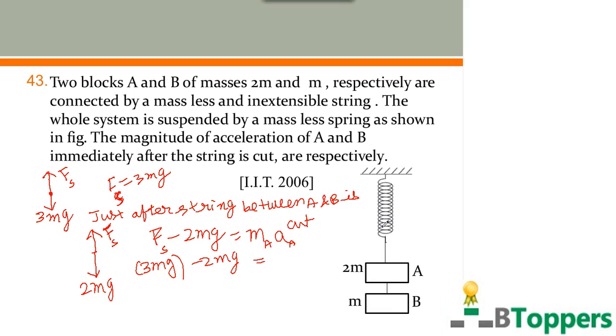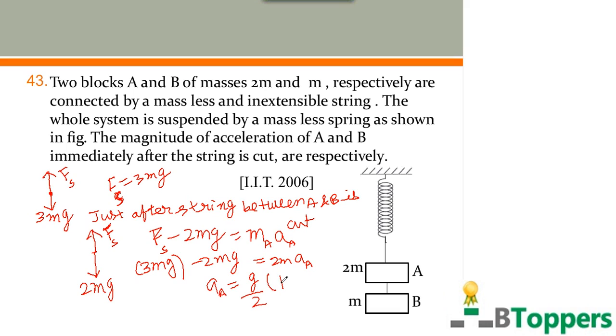The elongation of the spring just after the string is cut can be taken to be the same as just before. So the mass of A is 2m. You can simplify this. You get the magnitude of the acceleration of mass A equal to g by 2.